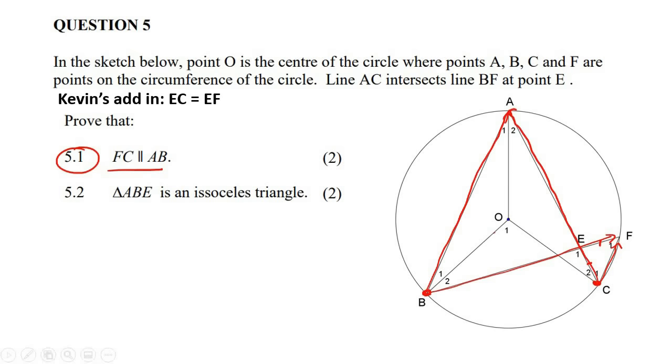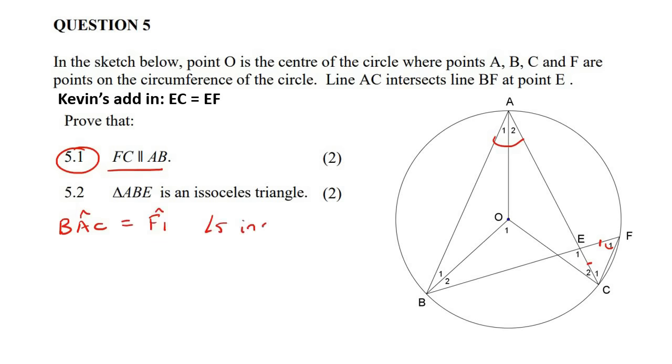So that is the angles in the same segment, or it looks like a bow tie. Can you see it? It's not the best looking bow tie, but there is a bow tie there. From the bow tie, or the angles in the same segment theorem, we can say that this angle is the same as this angle. So that's where step 1 would be. We'll say that angle BAC is the same as angle F1, and that is because of angles in the same segment. So let's just say that those two are the same.